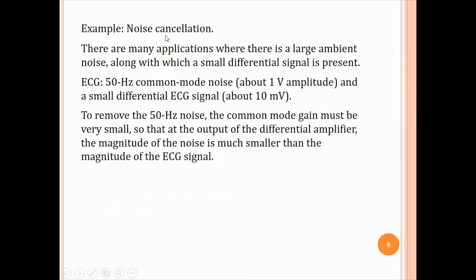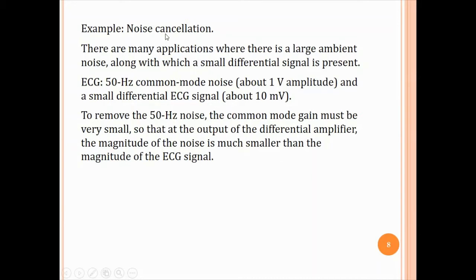All right, so a practical reason of where a high common mode rejection is important, right? A practical application. A very common application of operational amplifiers with two inputs and a differential gain is in a lot of biomedical applications. One common one is the electrocardiogram.